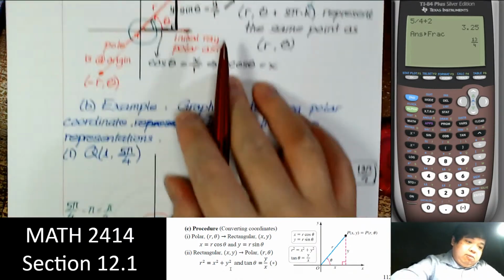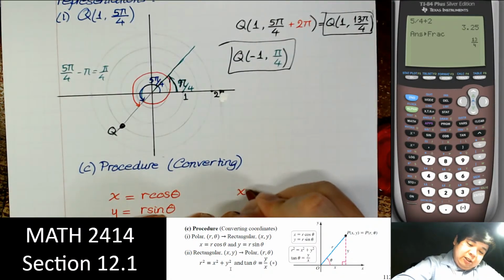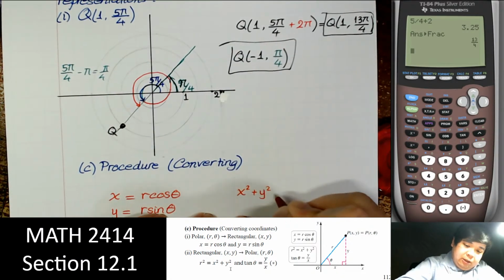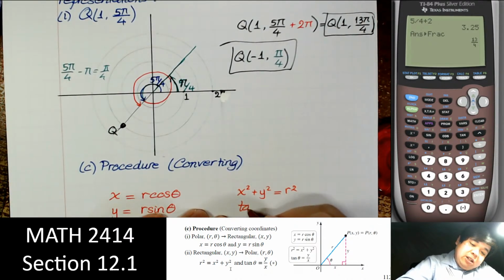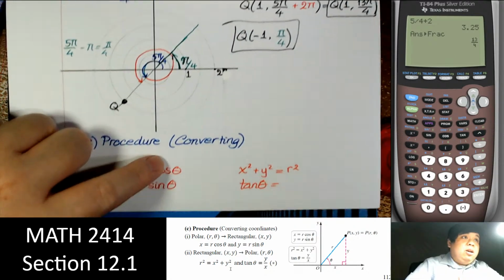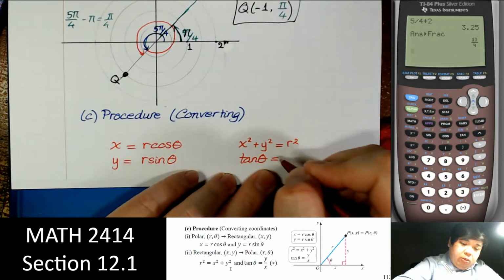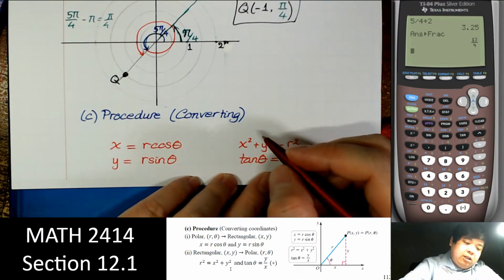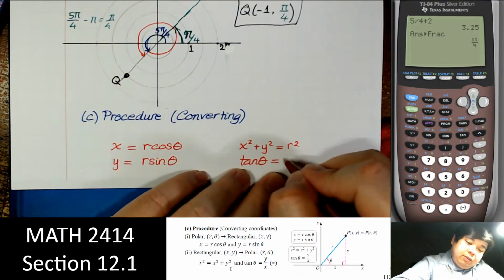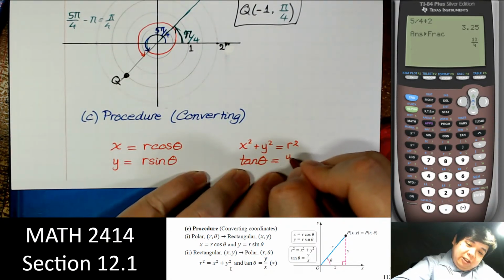And then from the Pythagorean theorem, x squared plus y squared is r squared. And then tangent is sine over cosine, so tangent of theta is y over x.